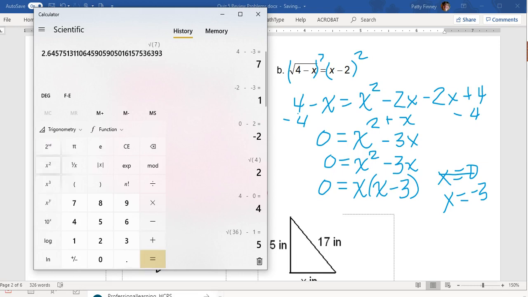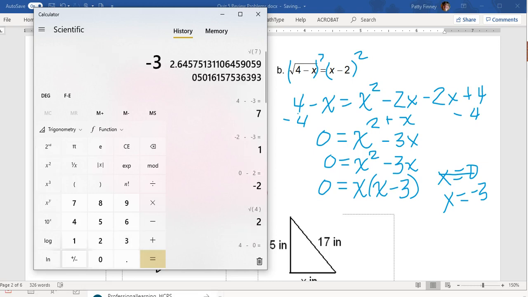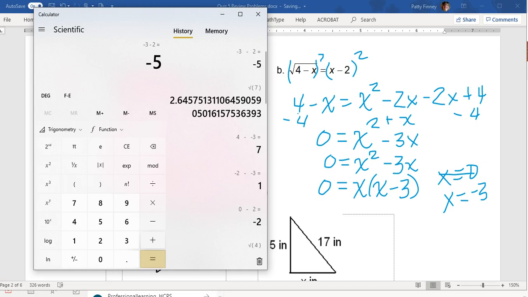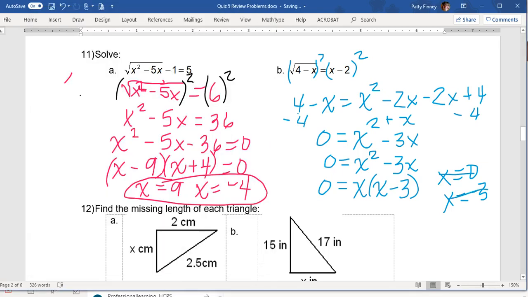I got 2.65 whatever. And then if I do the other side, I've got negative 3 minus 2, and that's negative 5. That doesn't work. So neither of these are solutions. So this would have no solution.